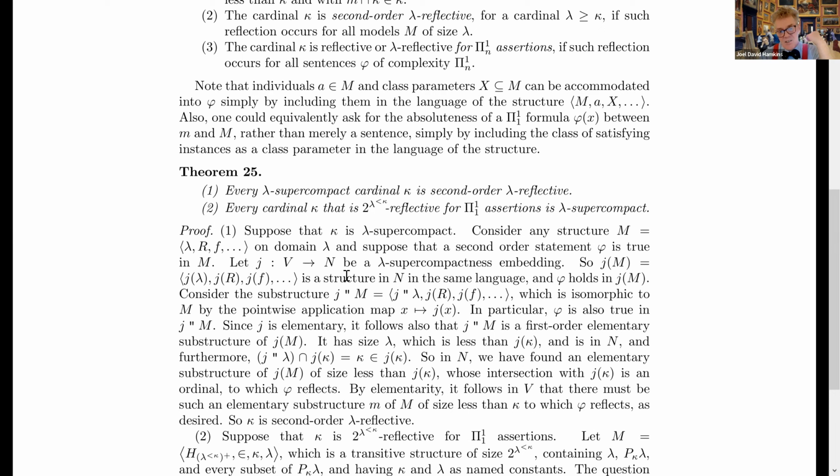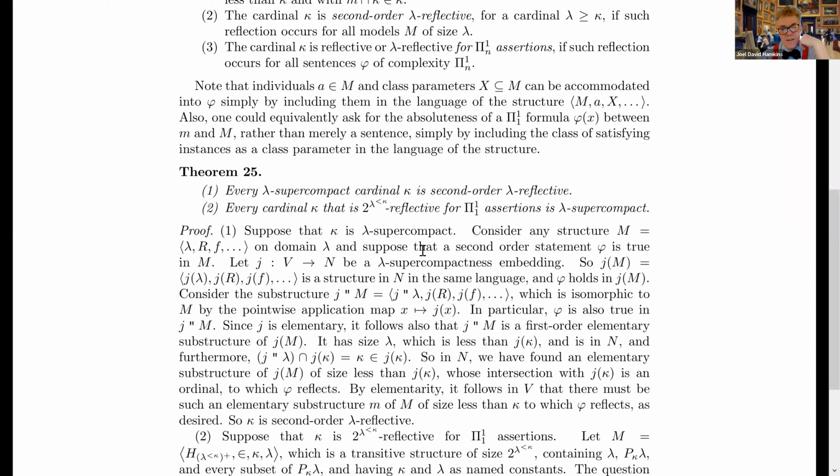And the basic fact is that j image M is first of all isomorphic to M and therefore will satisfy phi, but also is an elementary substructure of j of M. And so from the point of view of the image of the supercompactness map, N thinks j of M has this elementary substructure j image M to which phi reflects. And so therefore, if kappa is lambda supercompact, then you're going to get the lambda reflection property.